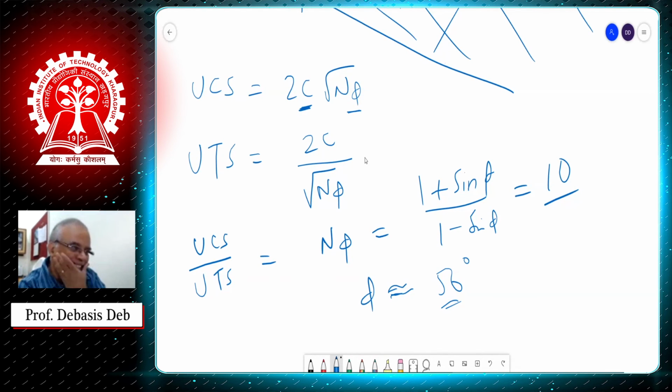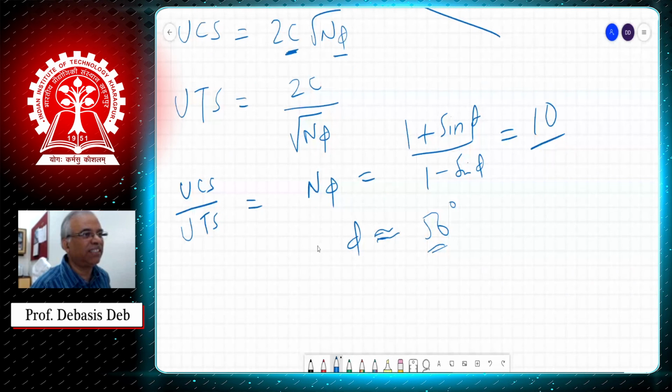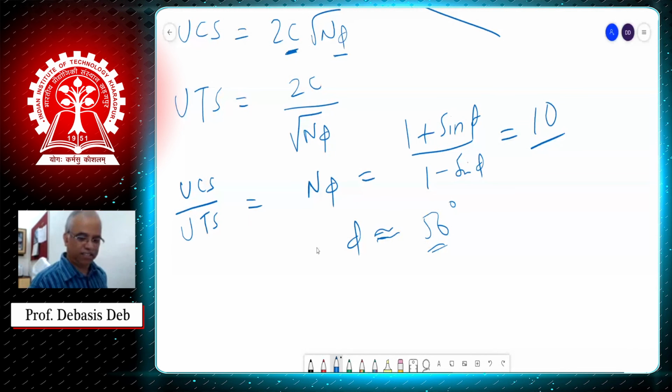If this ratio is 20, can anybody quickly calculate what will be that value? The phi value, I think some 70 degrees, if I remember correctly, or 66, 67 degrees, something like that. Whatever, if it is 20, you just calculate and tell me.